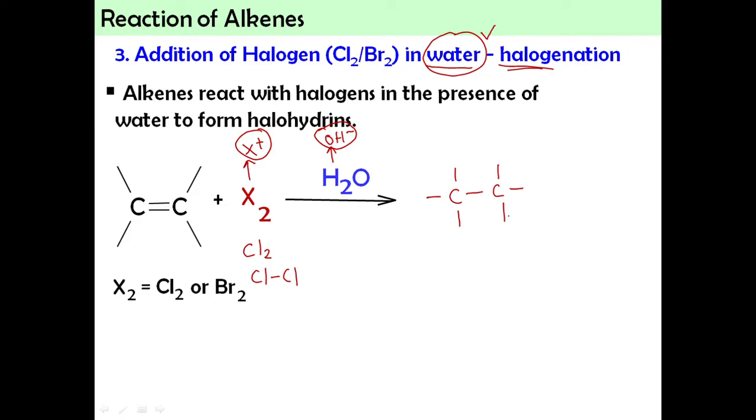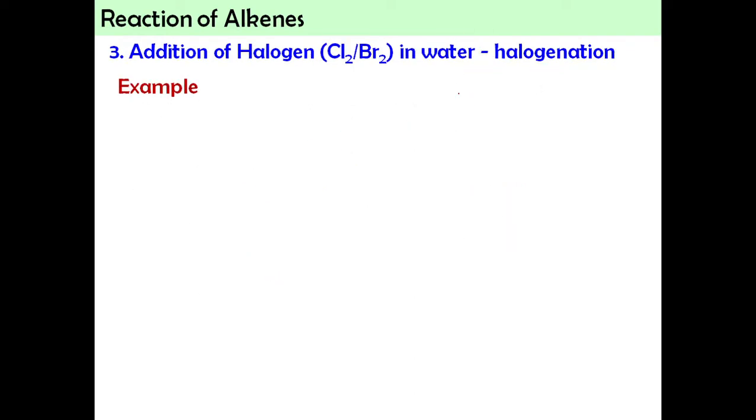Jadi sebenarnya nak tunjuk dekat awak apa yang akan masuk X dengan OH. Jadi saya letaklah dulu kat sini halogen, kat sini OH. Okay. So this one is halohydrin. Okay, jadi untuk kita tengok macam mana nak apply Markovnikov rule. Kita tengok example.